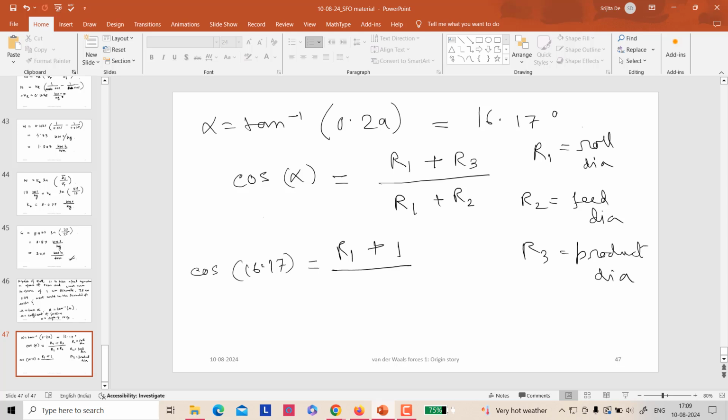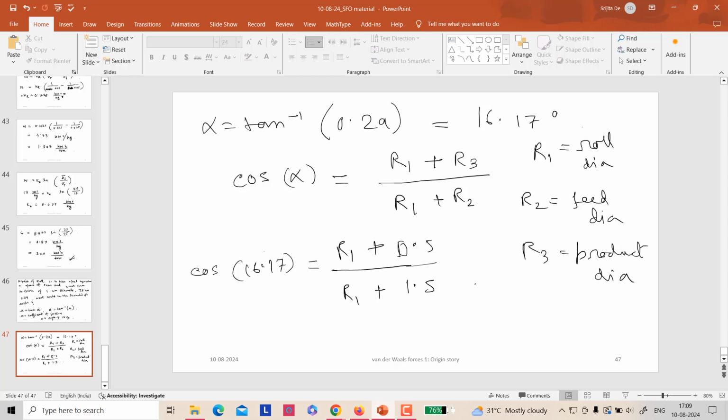So if we take diameter or radius, it doesn't matter, but if you are confused, you can write it as 0.5 centimeter, divided by R1 plus the feed diameter 3 centimeter, that will be 1.5 centimeter. So now we can easily calculate the R1.